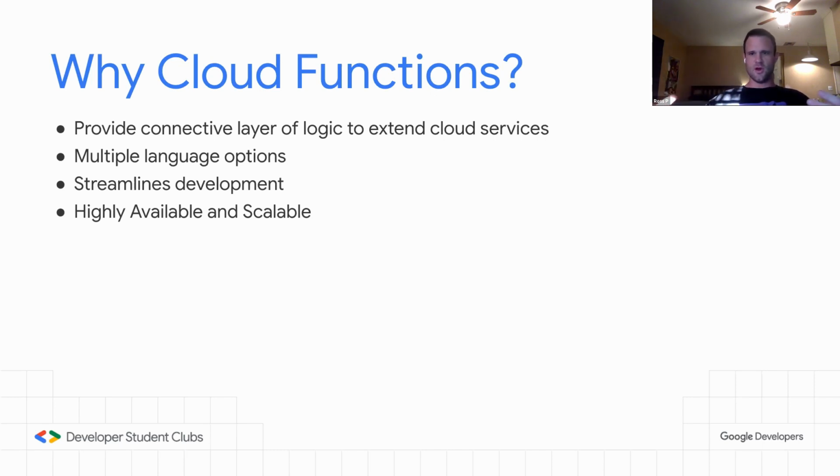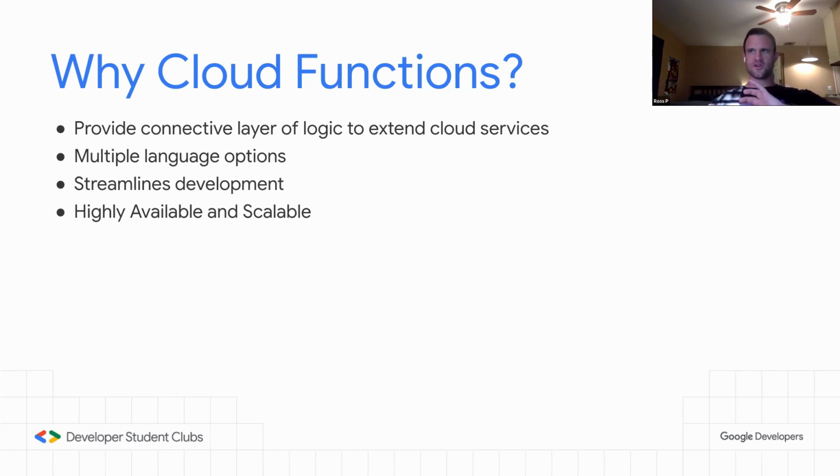Cloud functions can be written in Node.js, Python, or Go. Those are the three languages they can be written in so far, and they're executed in a language-specific runtime as well. So cloud functions expand the capabilities of existing cloud services, and you can address an increasing number of use cases with custom programming logic.